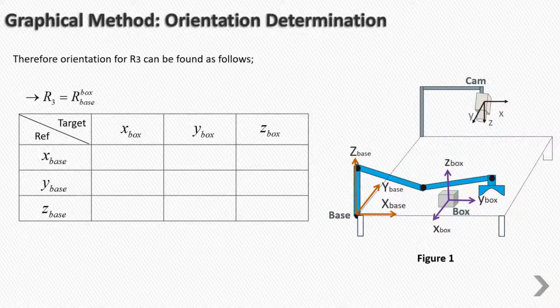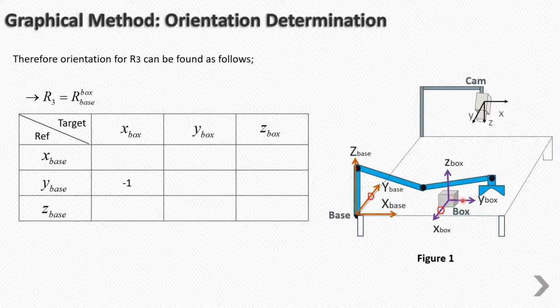Okay, as you can see, these two are parallel to each other but at different poles. Okay, so we notify that here the value is a -1 between the X box and the Y base.